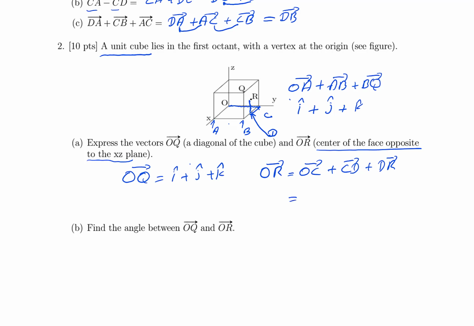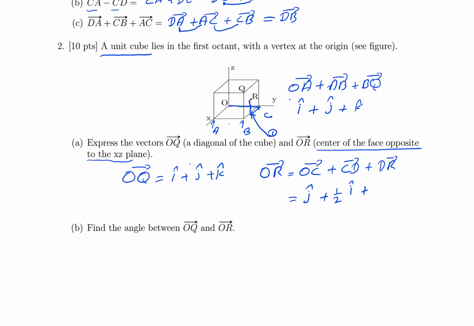Now you know OC is on the y-axis and the length is 1. Therefore, it should be j. Then CD is parallel to the x-axis and half of CB. CB is unit 1. Therefore, CD is one half CB, right? What is CB? We know it is unit 1, therefore it is the i vector.